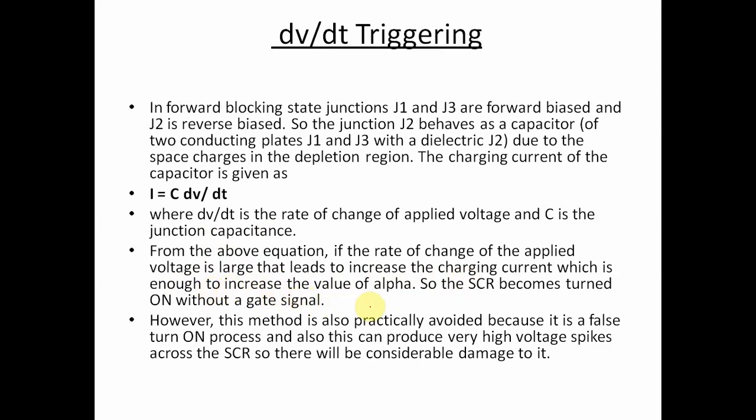So the SCR turns on without a gate signal. However, this method is practically avoided because it is a false turn on process, and it can also produce very high voltage spikes across the SCR, so the SCR may be considerably damaged.